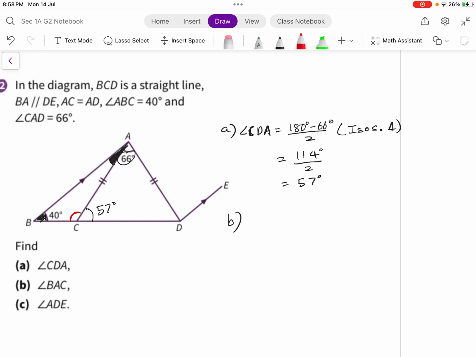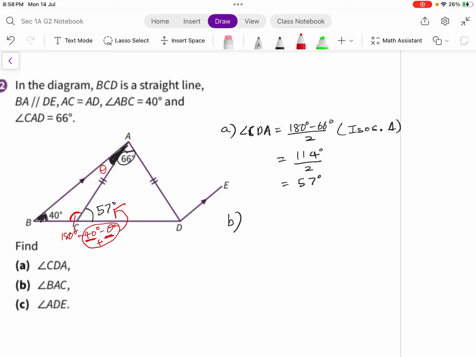This angle is 180 minus 40 minus theta, right? So 40 and theta, when you add them together, should give you 57 degrees.